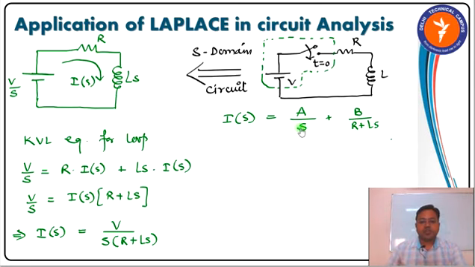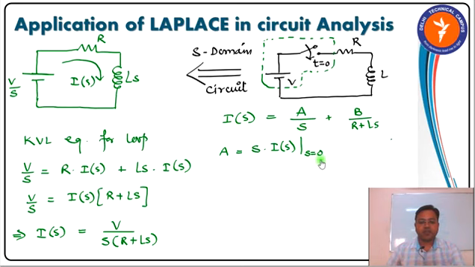Now using the residue theorem, I can calculate the value of A. A will be equal to S into I of S. Now I am calculating the residue A, so I will multiply S with I of S, and I will substitute S equal to 0, because we do not have anything added with it.